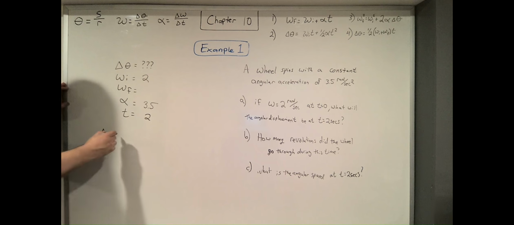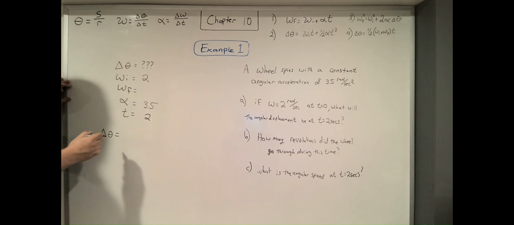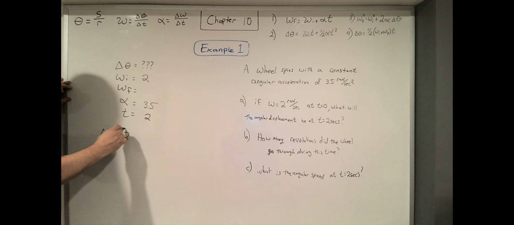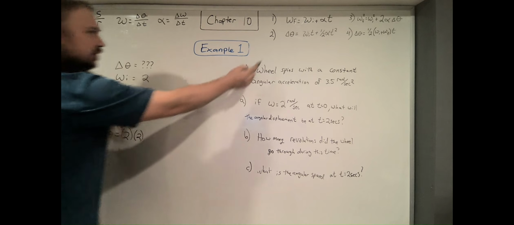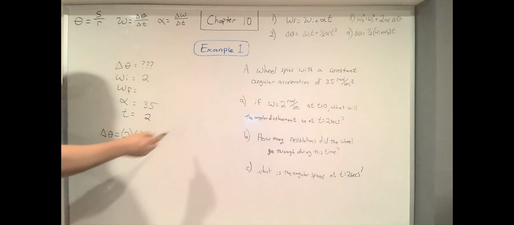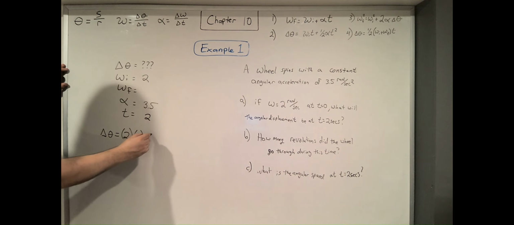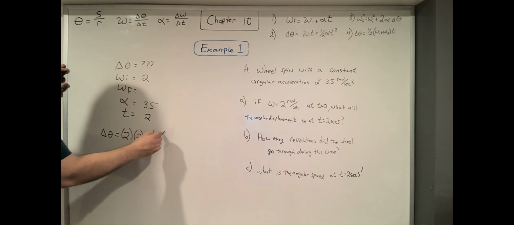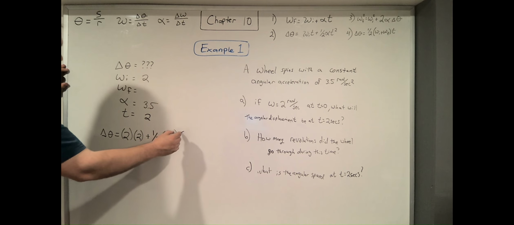That's the displacement. But I'm going to set that equal to omega I, which is 2, times time, which is 2. So again, pulling from the equation up here: omega I t plus 1/2 alpha, 3.5, t squared.